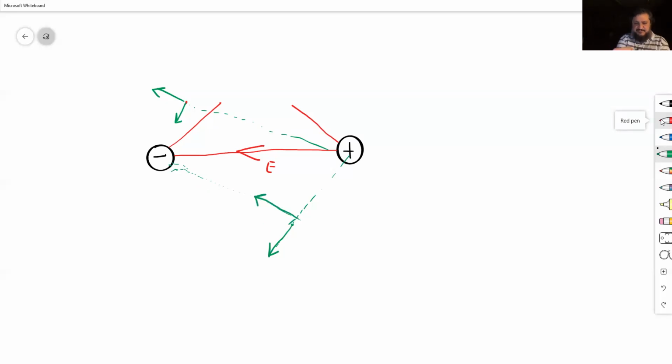But I cannot have two separate vectors. What I have is one field. The thing about electric field is you can always add them up, like a superposition principle, if you will. So what I should really be doing is just adding these two vectors. If you add them using the graphical method, it gives you something like this.